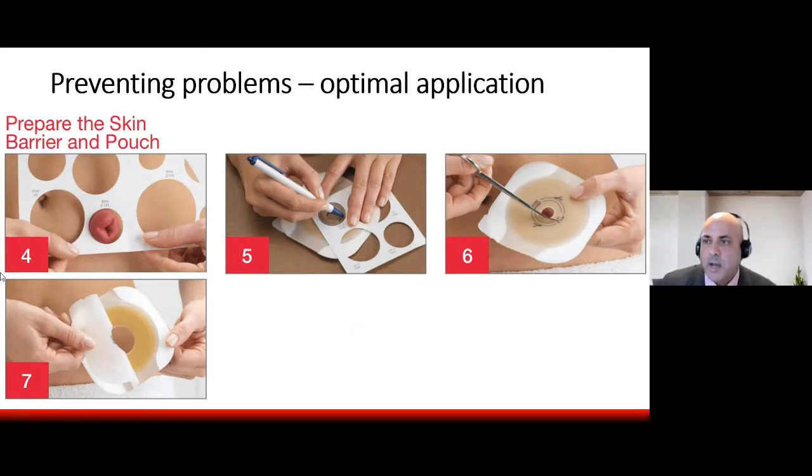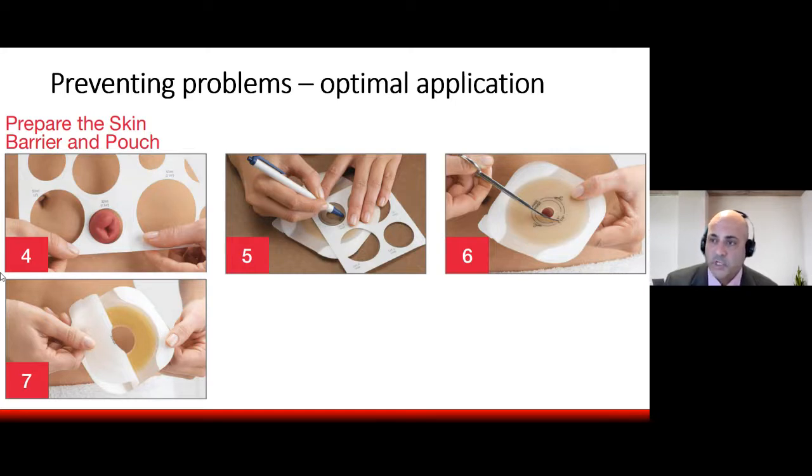And two, when a person is lying down and places an adhesive barrier on their skin, if it's placed in a lying position and one sits up, sometimes there'll be some pulling and little folds may develop. So it's always best to change the appliance when you're sitting or standing.